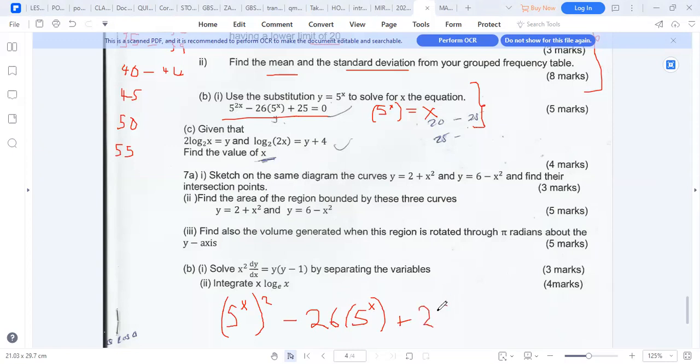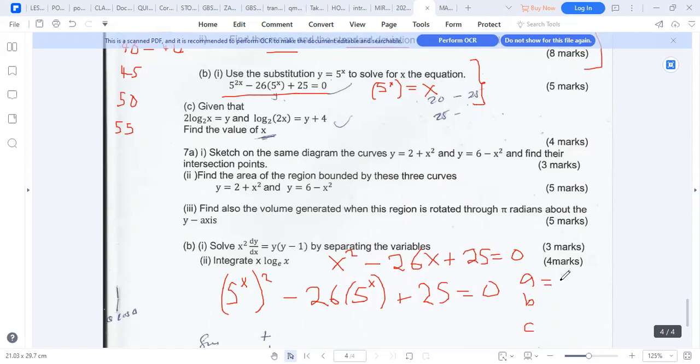Now I want to introduce the value of letter x. Where there's 5 to the power x, we put x. The quadratic equation will be what? x to the power 2 minus 26x plus what? 25. Remember, it was 0. So what is our A, what is our B, and what is our C?